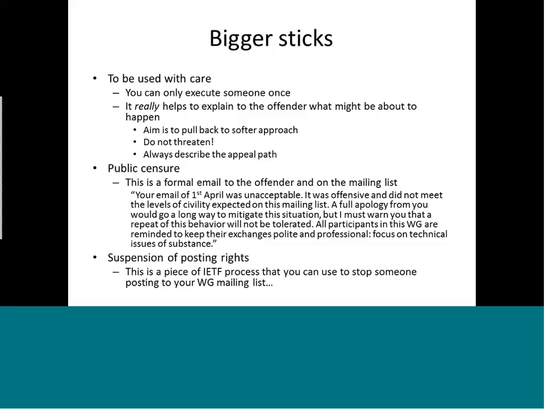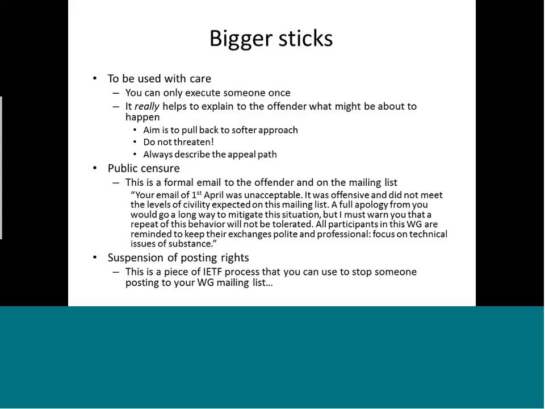If the offence is really bad, or you feel that the offender is compounding things, or things escalate, then we have the option of suspending somebody's posting rights. This is a bit of IETF process that formally allows us to ban people from posting.